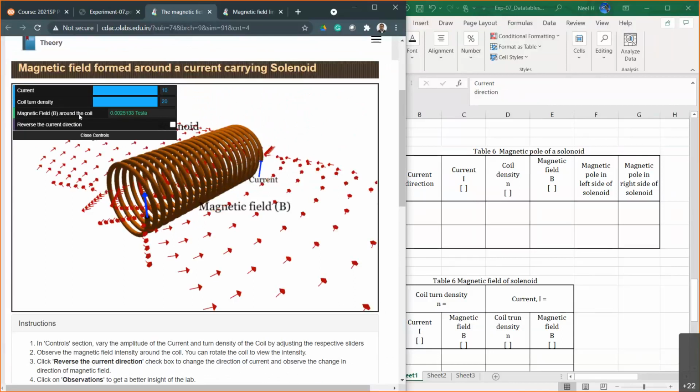And the magnetic field inside, that's the one we're interested in. You can see the magnetic field inside is now a fairly large number, about 0.0025, on the order of 10 to the negative 3, very large compared to the previous case. That's the idea. If you have one single wire, it can produce a magnetic field, but very small.